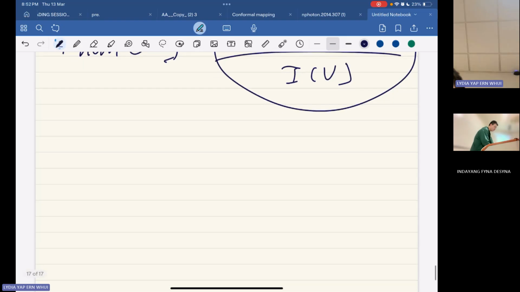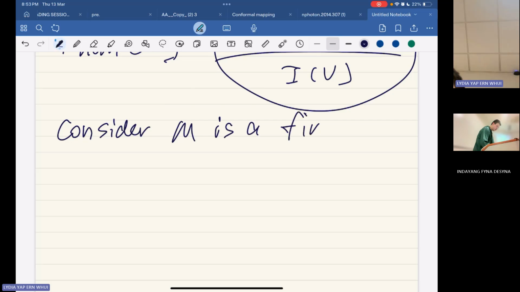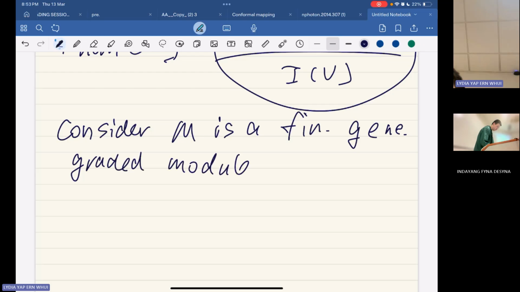Okay. First, let's start from considering M is a finitely generated graded module over the polynomial ring S equals to K[x0, ..., xn]. I think the proof uses x0 to xn here.